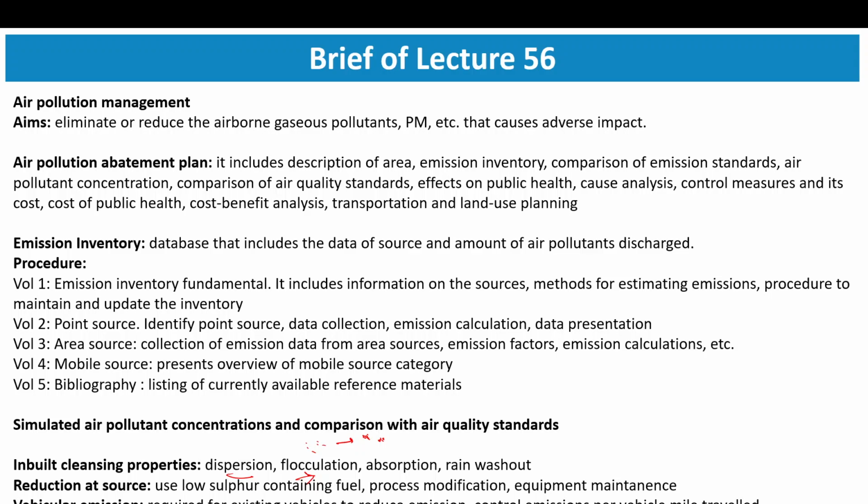Similar to that, per vehicle and per mile traveled, there is a maximum amount of emissions it can allow. So maximum allowable emission per vehicle mile traveled is another strategy for reducing vehicular emission.